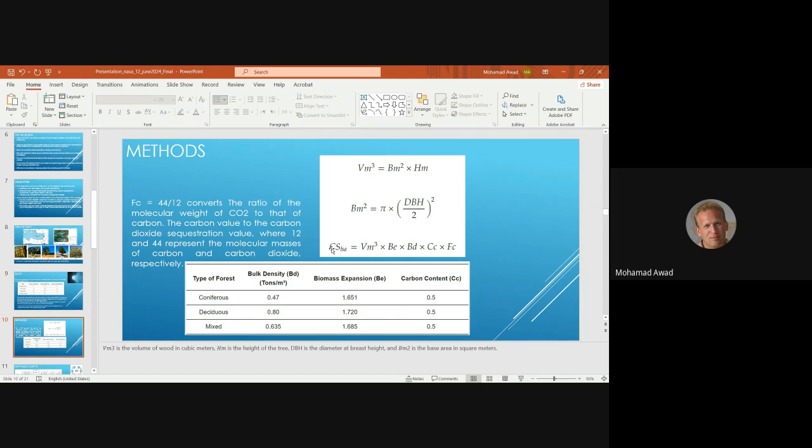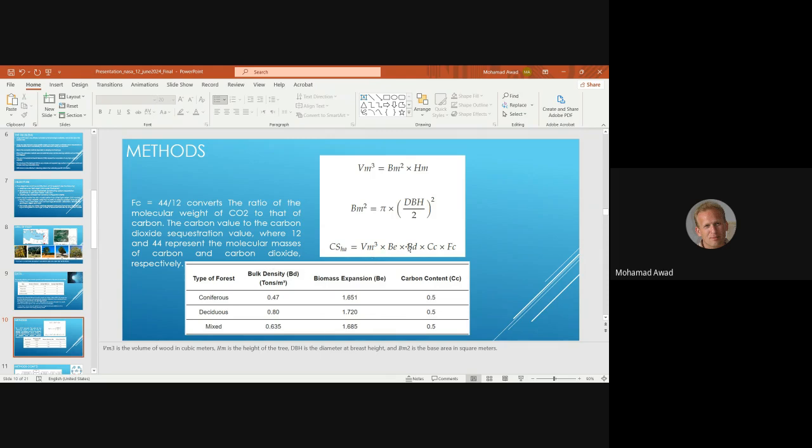And we obtain the sequestered carbon in tons per hectare using the following equation: volume of biomass in cubic meters multiplied by the biomass expansion factor from this available table from the literature. Coniferous, deciduous, and mixed forests each have a different biomass expansion value.